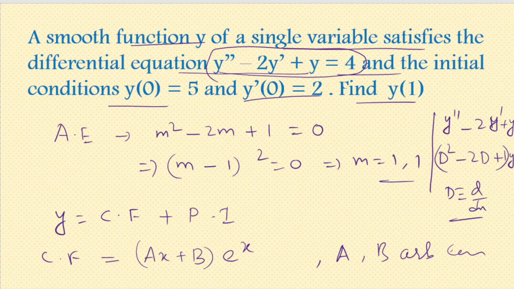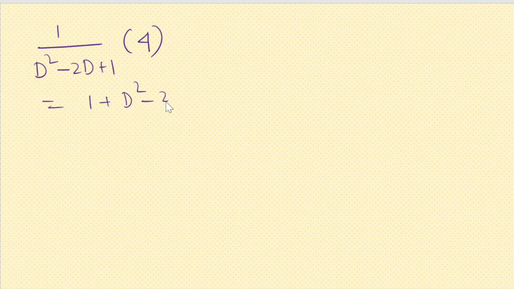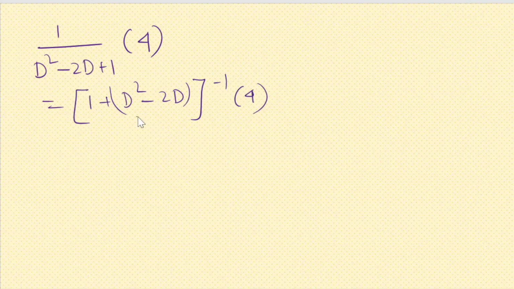The particular integral is 1/(D² - 2D + 1) of the function 4. Since this is a simple constant function, we can write the inverse of (1 + D² - 2D) operating on 4, and we don't need to expand this, so this is simply 4.